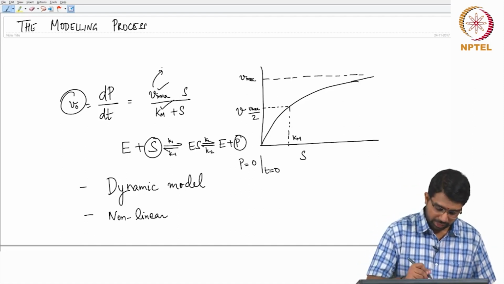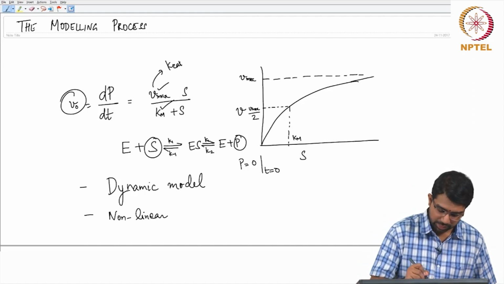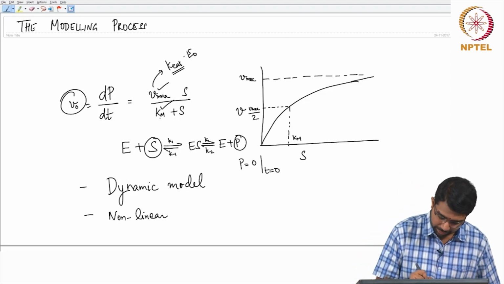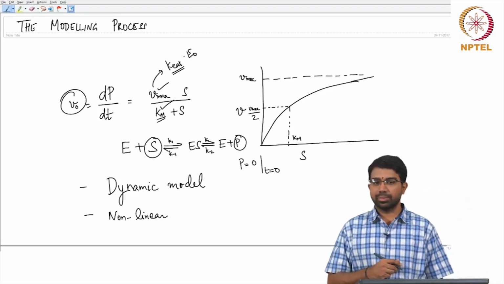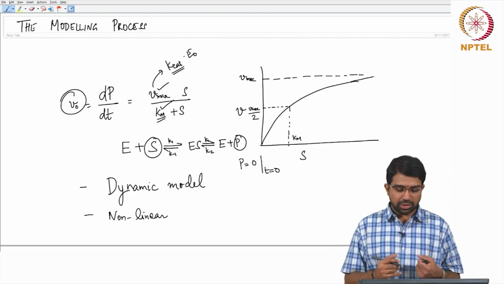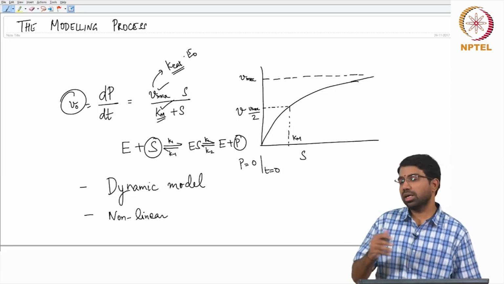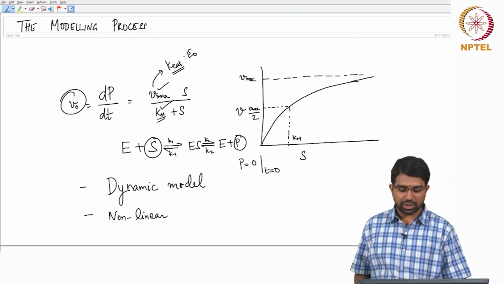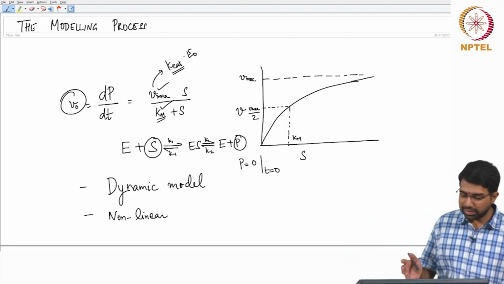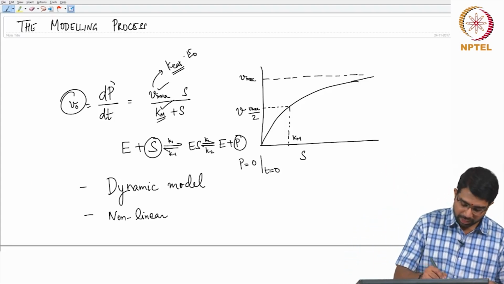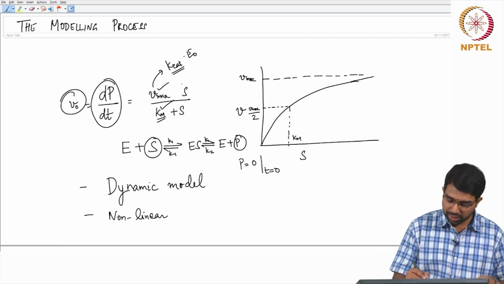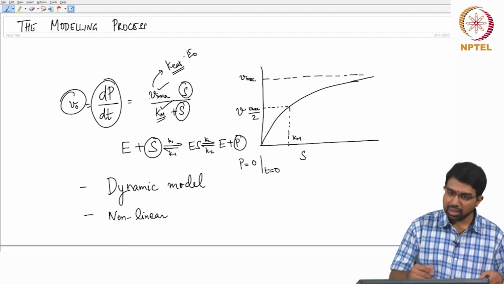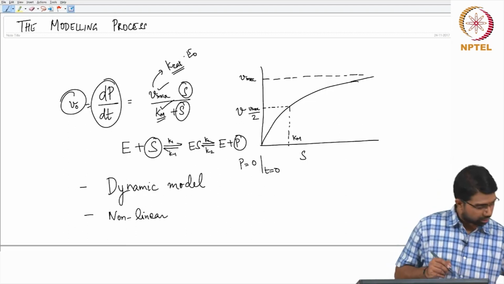In fact, Vmax will be kcat into initial enzyme concentration. So, kcat is your parameter and Km is another parameter, right. These are sort of constants for a given enzyme at a particular temperature and so on and so forth. There will always be certain accompanying assumptions that you need to be aware of, but these are your variables and these are the functional forms connected via the parameters.